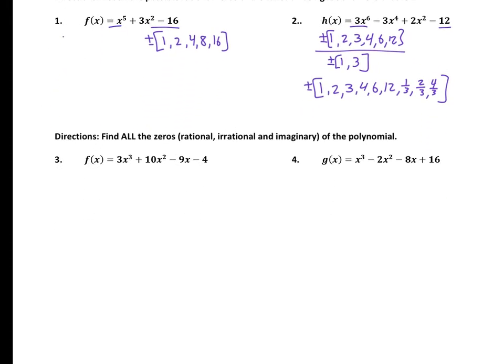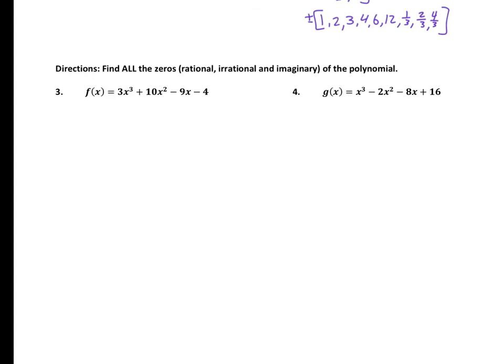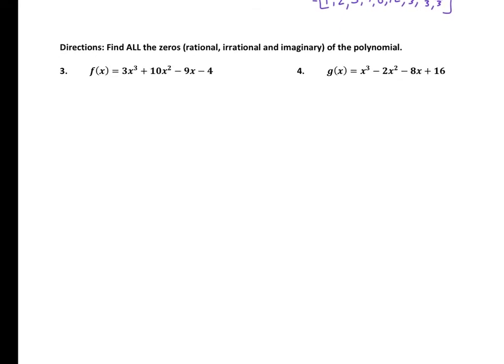For numbers 3 and 4, now we're going to list out all of the possible zeros and then actually find all of the zeros for our polynomial. So again, we're going to take all the factors of 3 and all of the factors of 4 divided by all of the factors of 3.